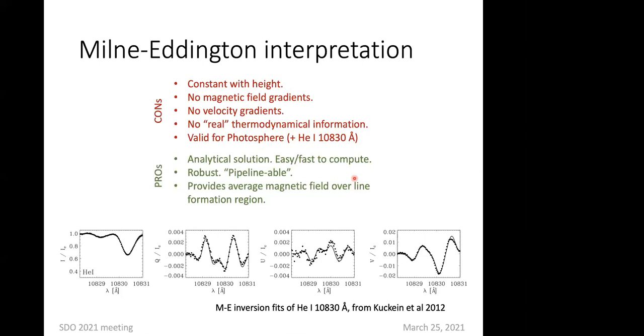And this also makes for very robust spectral line inversions that are easily pipelineable. And then, of course, we wouldn't use it otherwise, but it does provide good information about the average vector magnetic field and line of sight velocities in the region of formation of the spectral line that you're interpreting.